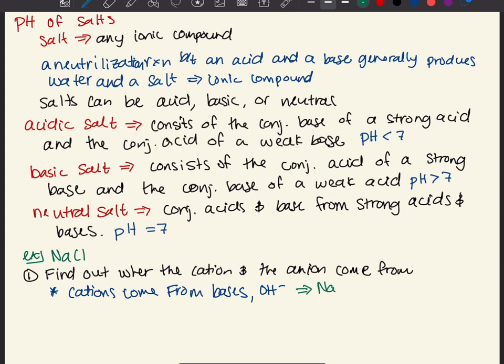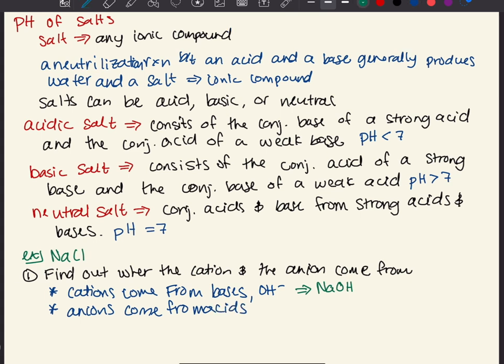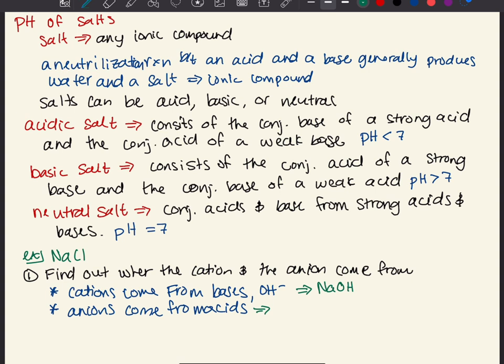So our cation is sodium, and I'm just going to pair that up with hydroxide. The anions come from the acids. And so I just like to add a proton to my anion.